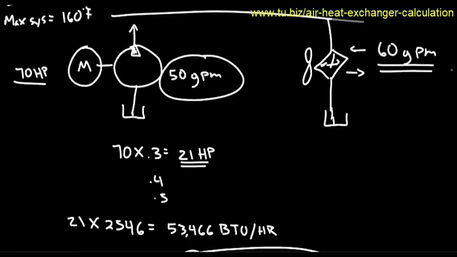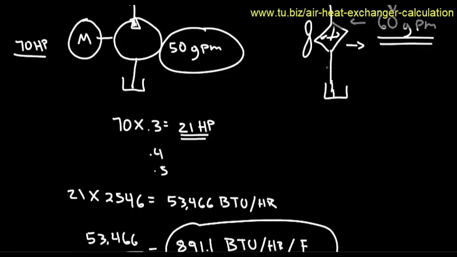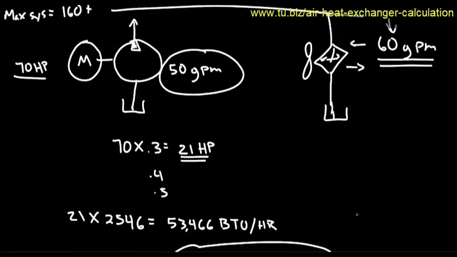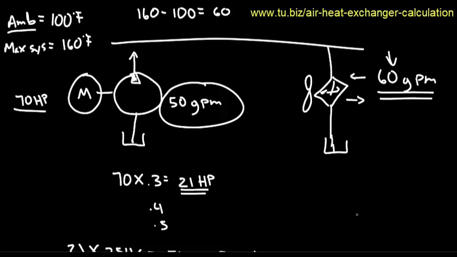So the unit that I'm going to need is one that can handle 60 GPM with a heat removal of 891.1 BTU an hour per Fahrenheit. So that is the calculation on how you go about picking an air heat exchanger to work in this application.